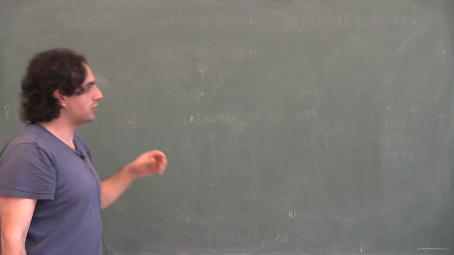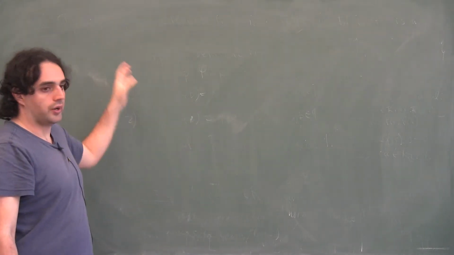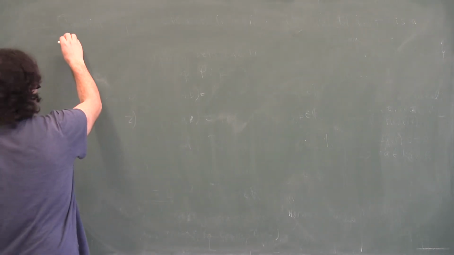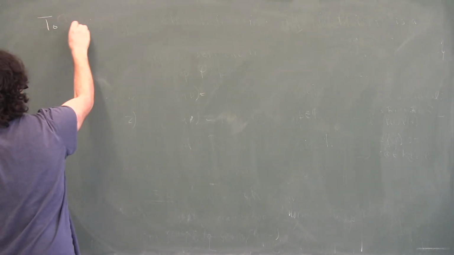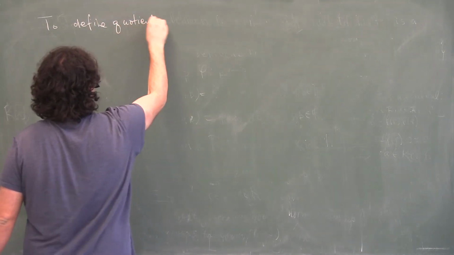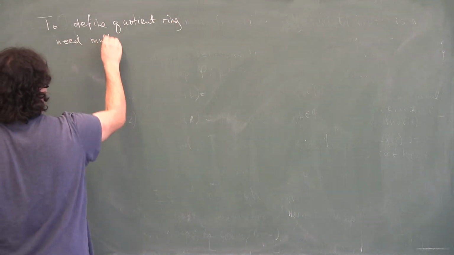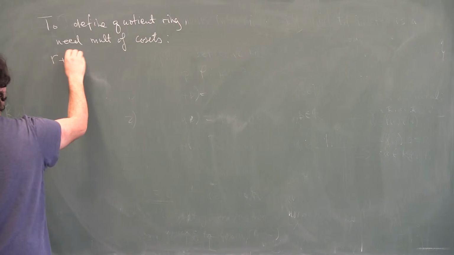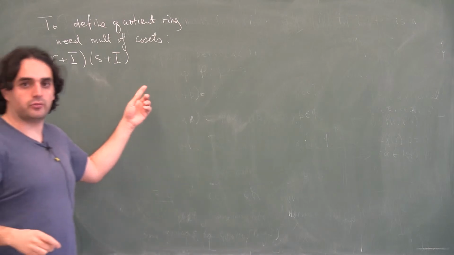Okay, so actually let's go back for a second and let me quickly justify why the notion of an ideal that I wrote down is actually the correct one. So if you think about it, to define the quotient we need multiplication of cosets. So I would have r plus I and s plus I, and I'd need to multiply them together.